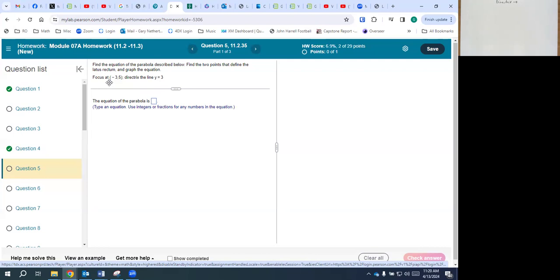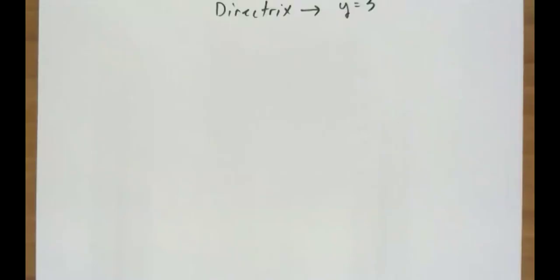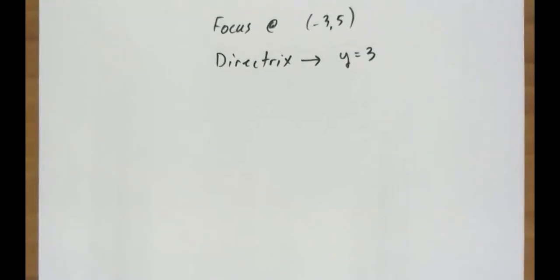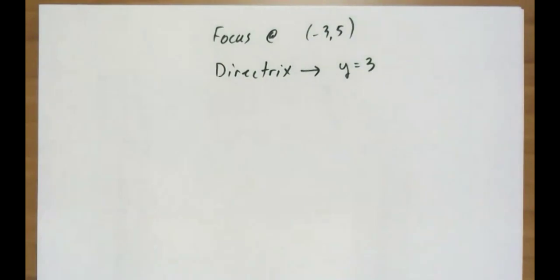So the focus is -3, 5. And the directrix is the line y equals 3. So here the information is a little different. So let's work out this problem, and we can enter the information.